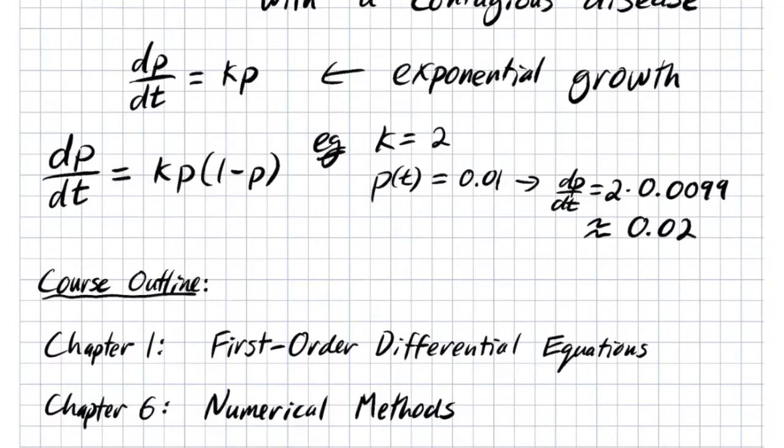So that means that the current rate of change of the fraction of the population that is getting infected every time period, so this could be like every day, for example, is going to be about 2%. So 2% more every day.